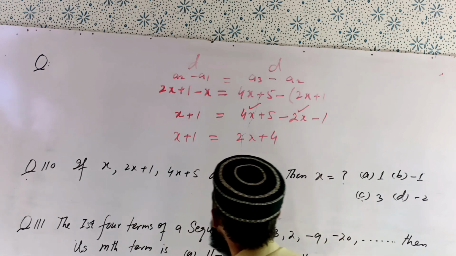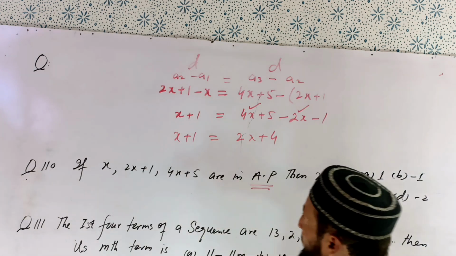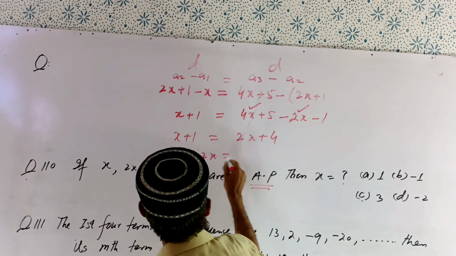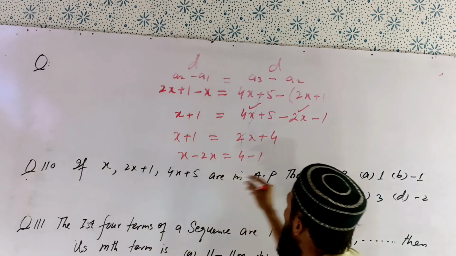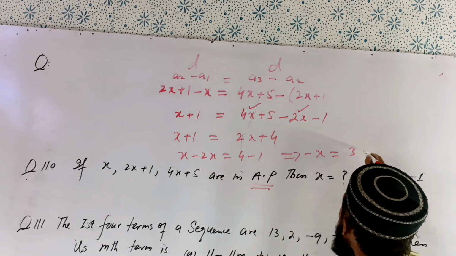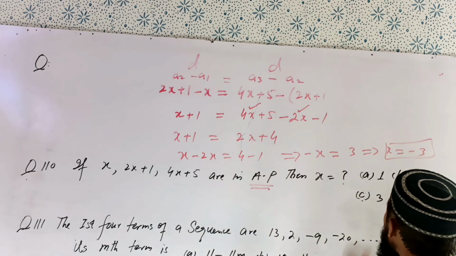Now we separate the variables and constants: x minus 2x on one side, and 4 minus 1. Simplifying, we get minus x is equal to 3. Multiplying both sides by minus 1, we get x is equal to minus 3.